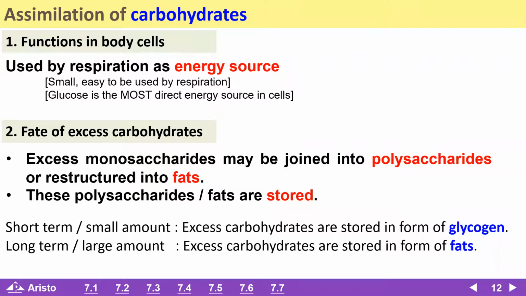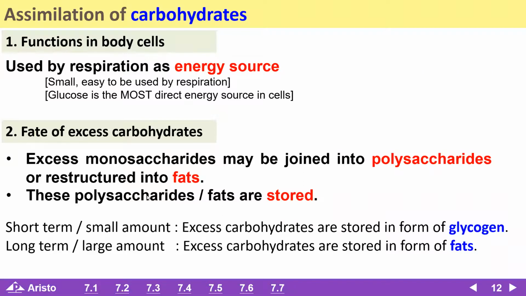So to summarize, again, for carbohydrates, we need to know what happens when they arrive at the body cells and what happens to the excess ones. In the body cells, they are used in respiration to release energy, while when there is too much glucose, they will be joined back into polysaccharides, in this case, glycogen. All right. Sorry, I should say glycogen here.